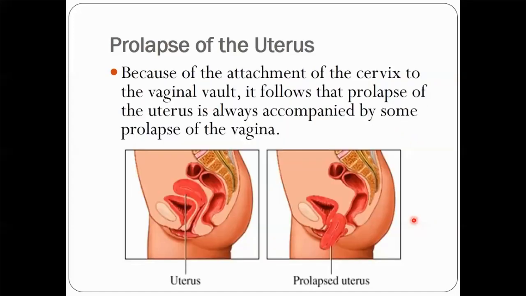If we look at this picture here, the normal position of the uterus, anterior the urinary bladder, posterior the rectum, where the uterus is supported in position. Here there is a weakness in the levator ani muscles or the supporting ligaments, and the uterus is completely displaced within the vagina to the exterior.